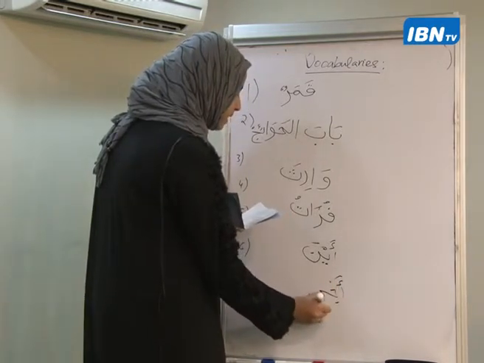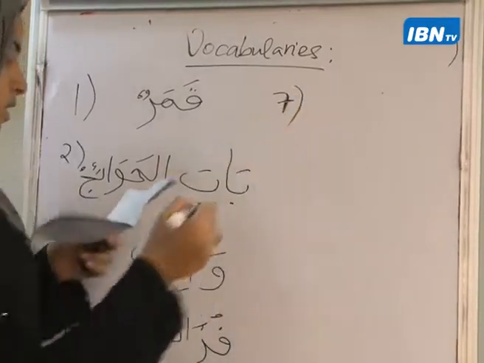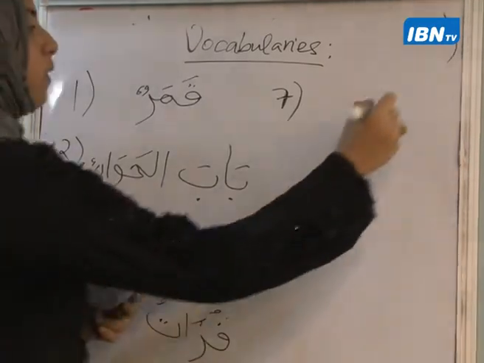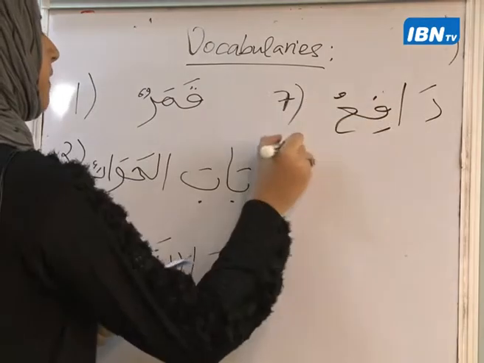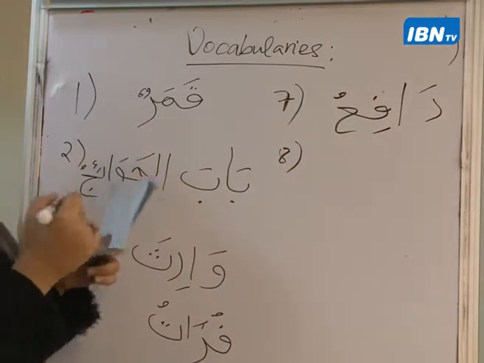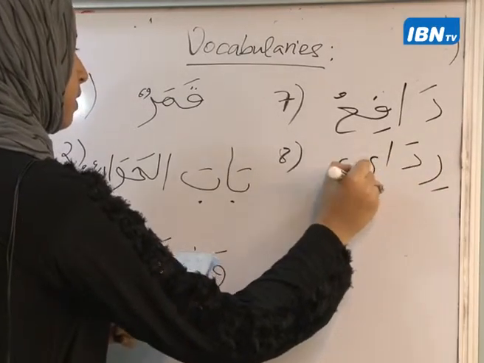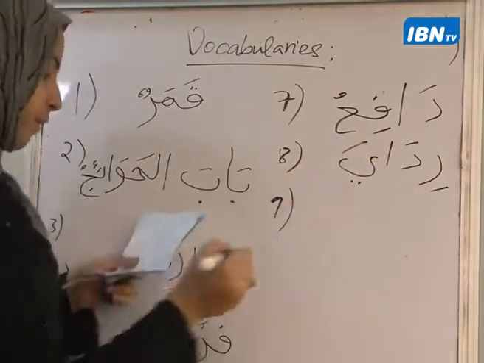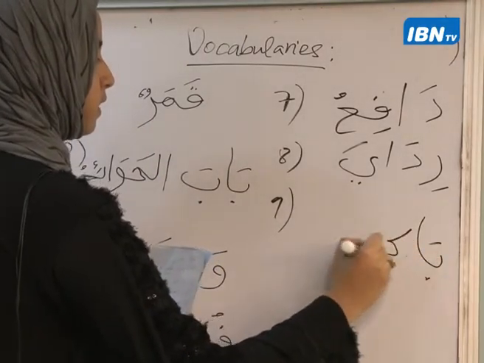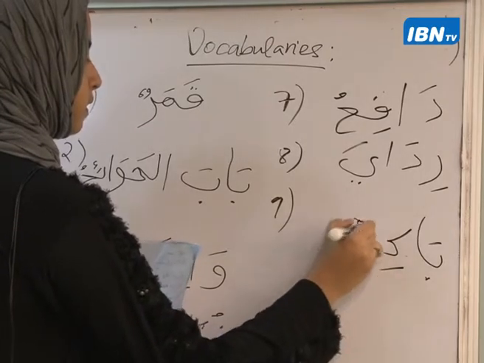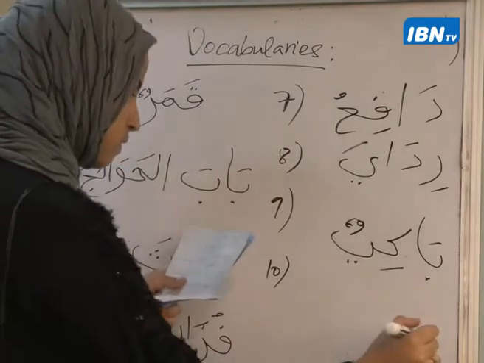You all know what that means. Okay, then we have Akhi, then we have Dafi'u. So we have the word Dafi'u. Then we have the word Ridaya. So many vocabularies to learn from. Then we have Bakiyun. Then we have Dumu'.